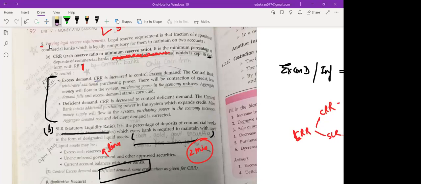Money will fall and the economy's purchase power will reduce.